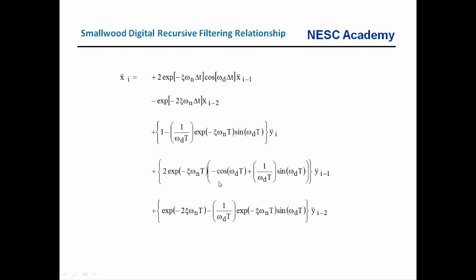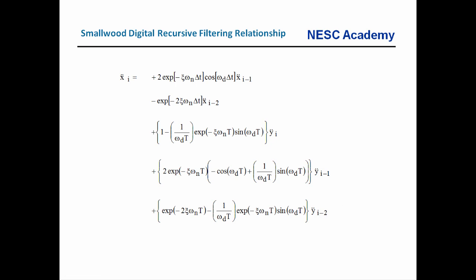Then we have 3 terms here: this coefficient times the base acceleration at time step I, plus this coefficient times the base acceleration 1 time step ago, plus this very long coefficient times the base acceleration at 2 time steps ago.